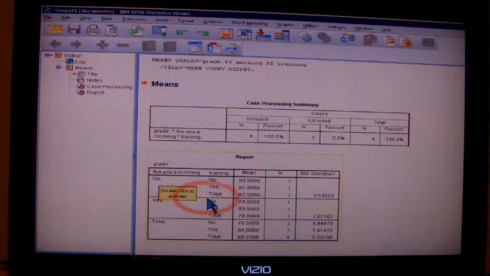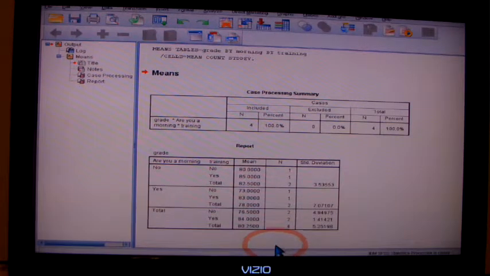But notice down here it does have a total. And what it's doing is averaging the two scores together, the no and the yes one here, and you get the mean of those two scores. Okay, and then there's the standard deviation.